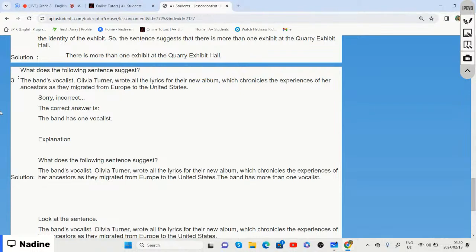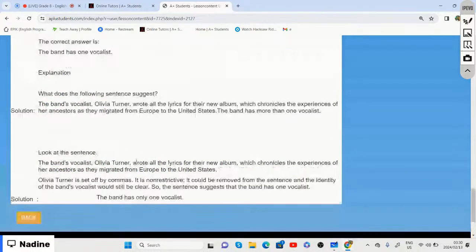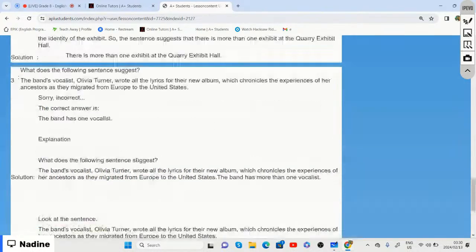So basically, the band's vocalist, Olivia Turner, gives us the idea that there's only one vocalist within this band, which is Olivia Turner. And she's also a writer, the one who writes all of their songs.